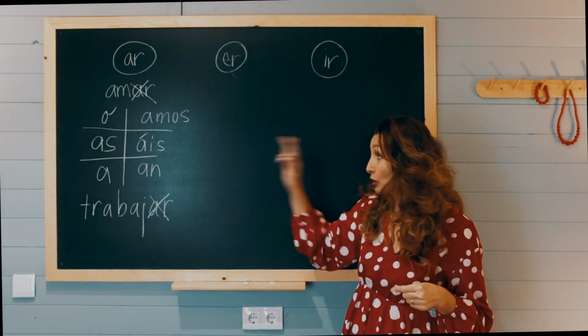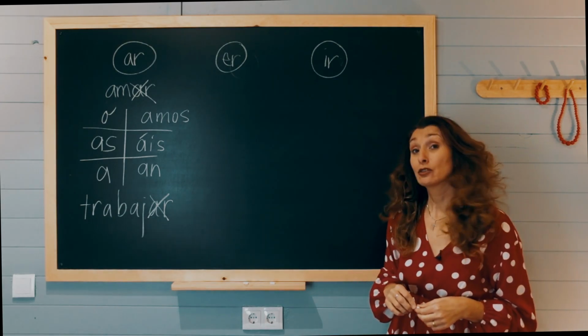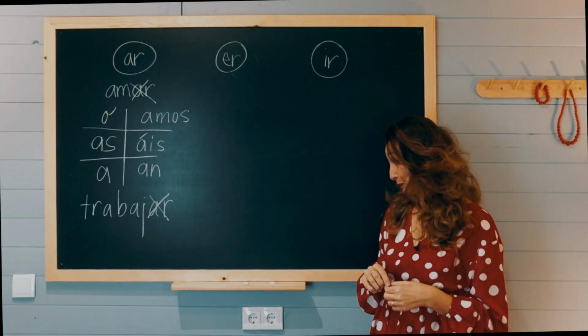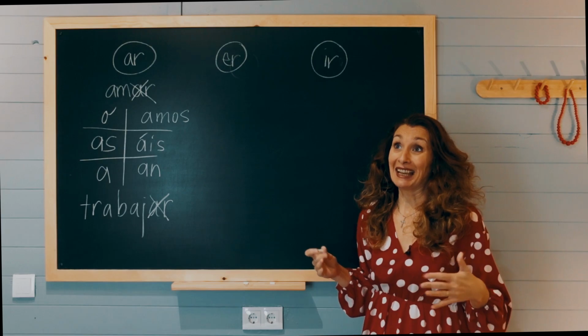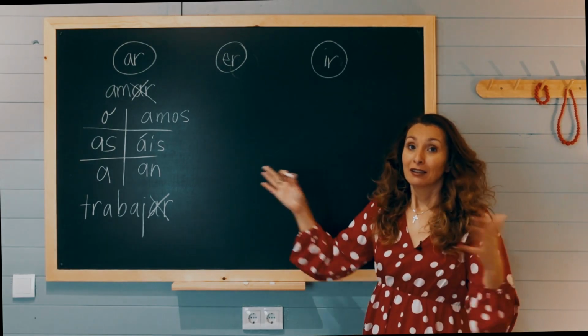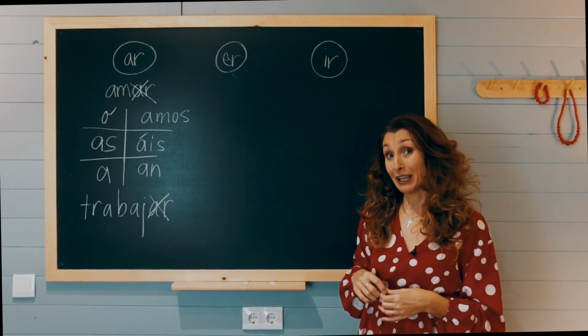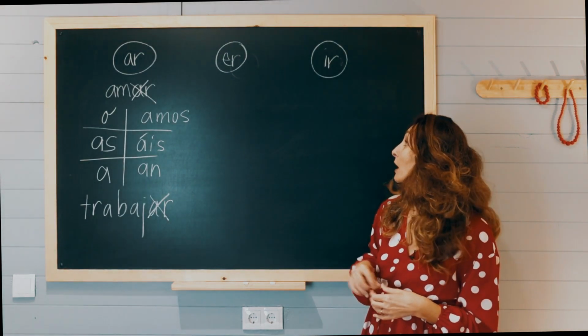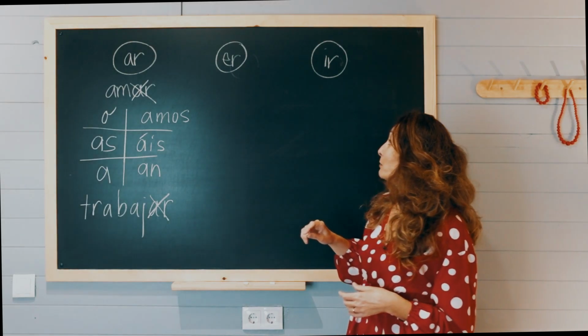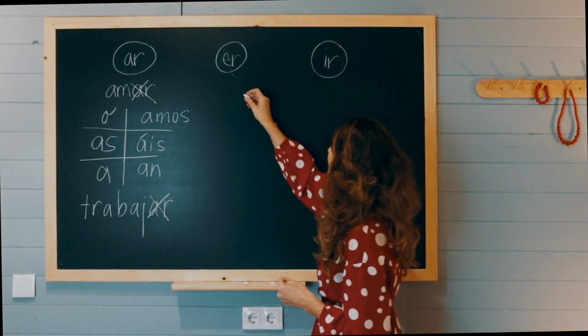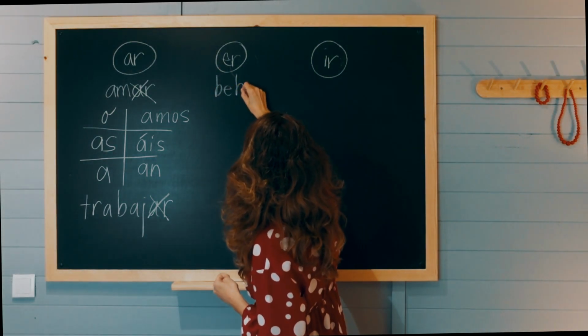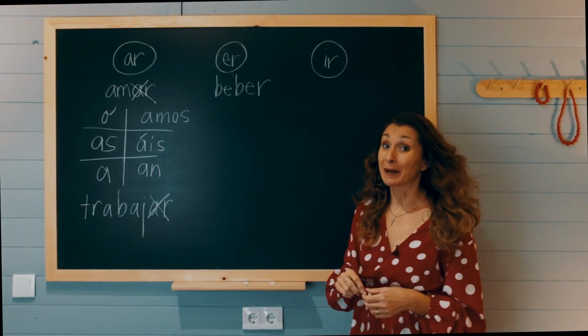Okay, so make sure you repeat these drills many, many times, and you basically get the hang of having the accent or the stress in the right place. Okay, good. A verb ending in er, to drink: beber.